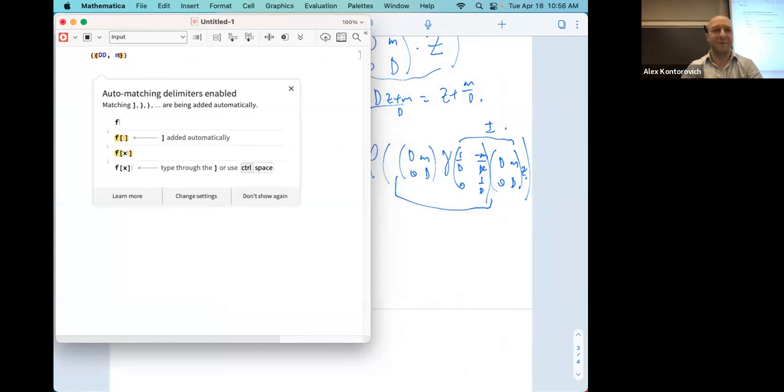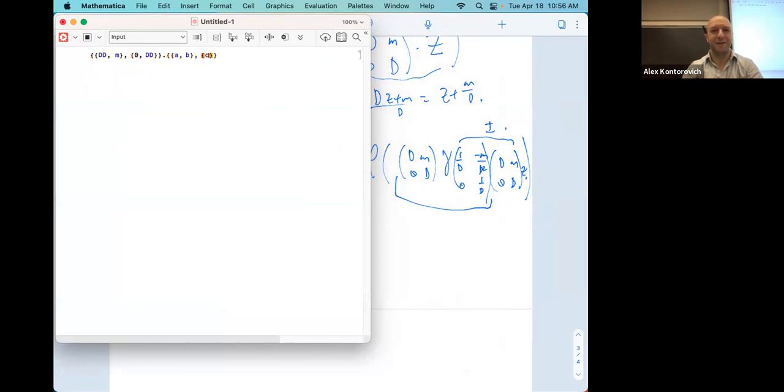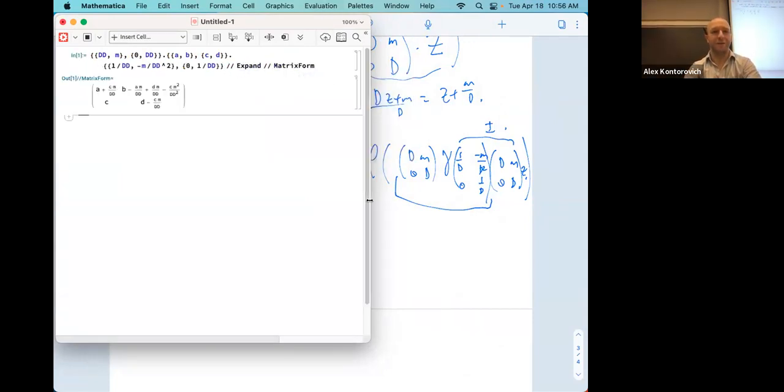Times the matrix A, B, C, D, times the inverse of that matrix, which is 1 over d, negative m over d squared, 0, and 1 over d. Okay, let's expand that all out and show it to me as a matrix.